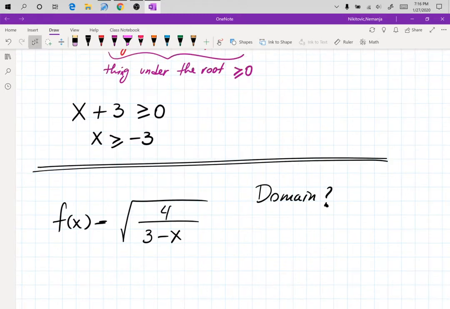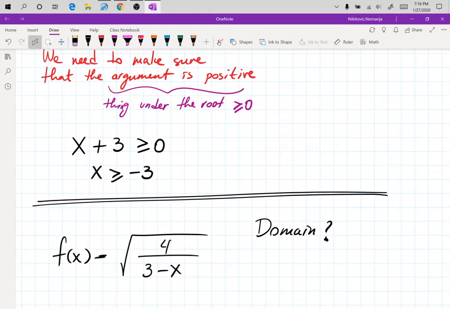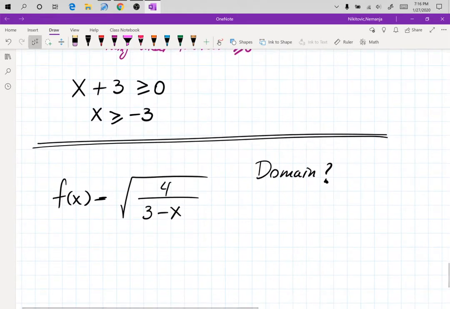You are only remembering the red. And you know immediately what to do with the problem. The red stuff says whatever is under the radical needs to be set larger or equal to 0. That's what the red says. And that's what you're learning.